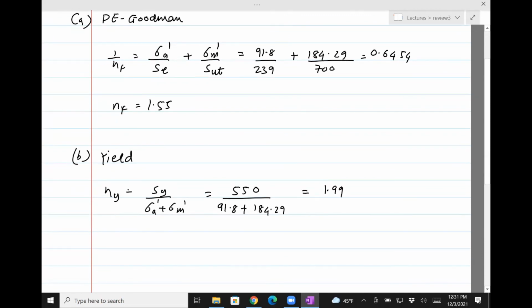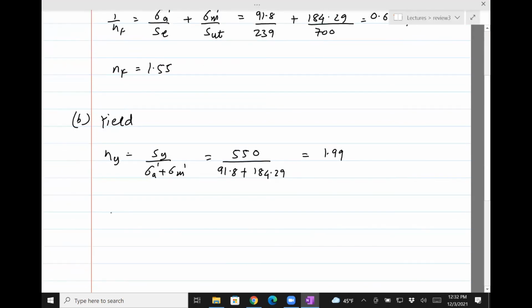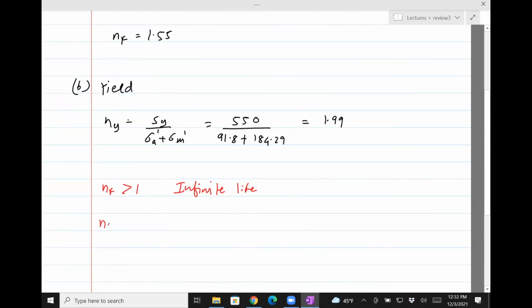First cycle yield, right? No. Or B. Is that what it says? No. So the way this has to be found is, this is how it is. If NF is greater than 1, then we say it's infinite life. In this case, NF is greater than 1, so you don't need to look further. If, however, you see that NF is less than 1, then you need to check whether NY is greater than 1. If NY is greater than 1, then it's finite life.